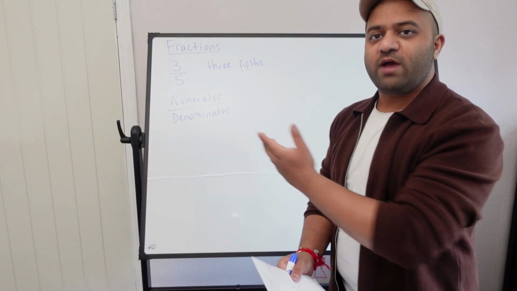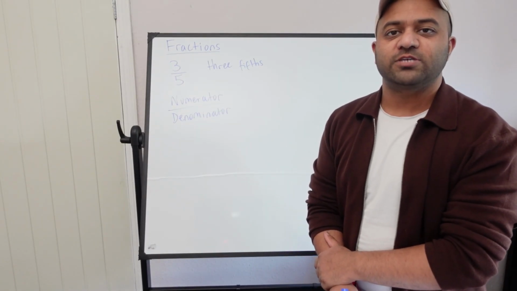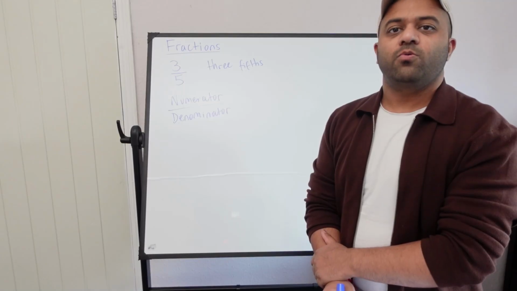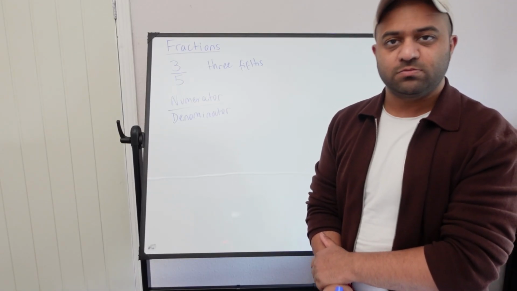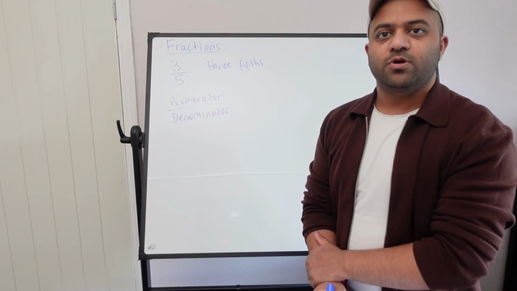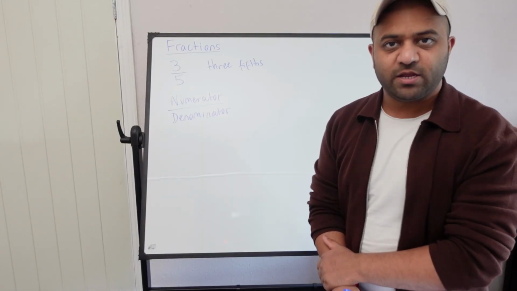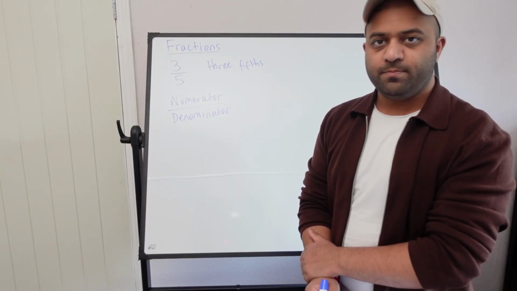So we have these two words, numerator and denominator, which students use often to refer to the top and the bottom number of a fraction. But these words actually have a meaning. They didn't come out of nowhere.